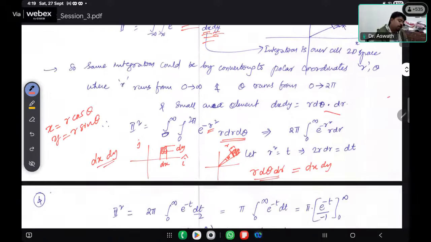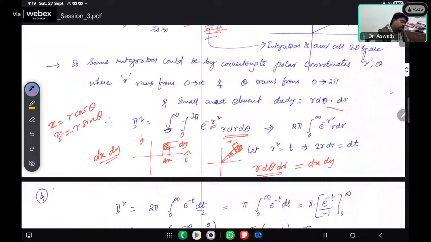What will it become? It becomes a double integration, with r running from 0 to infinity and theta running from 0 to 2 pi. There are no other integrands with theta, so you can simply integrate it out. It becomes 2 pi, and we are left with the integration from 0 to infinity of exponential minus r square, r dr. Now I'll introduce another conversion: r square is equal to t, where 2 r dr would be dt.